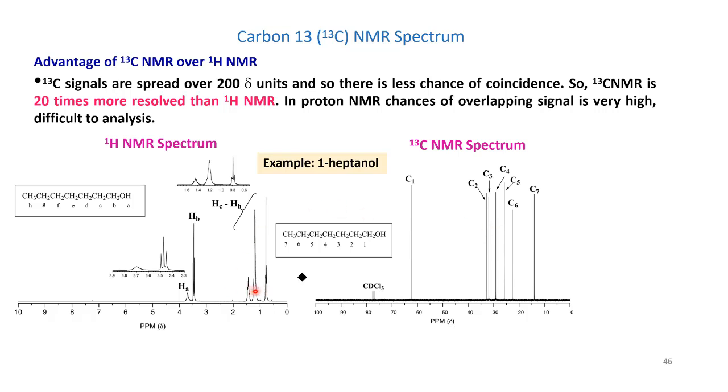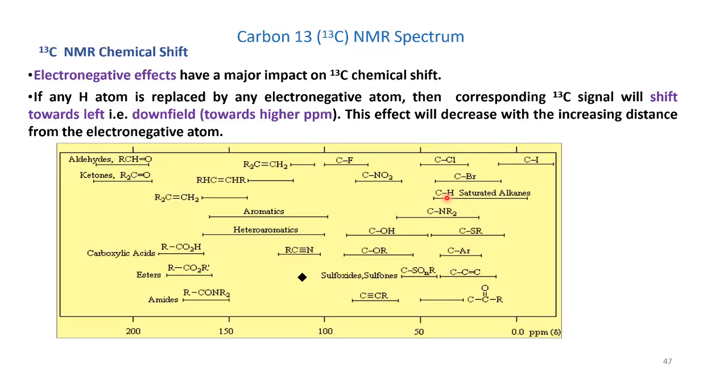Here you can see the proton peaks are very close to each other, so it will take much of our time to resolve those, and there are chances of overlapping signals. In the case of carbon, we need more amount of sample, but we can get distinct peaks in the carbon spectrum.